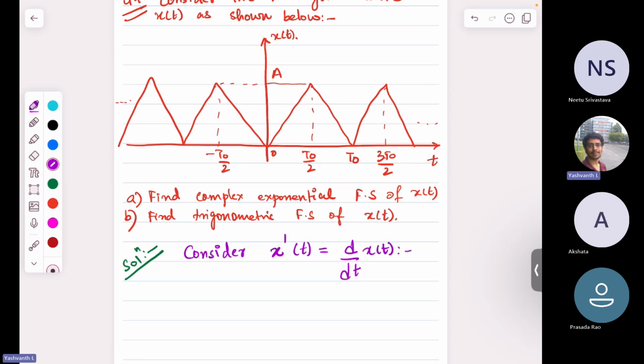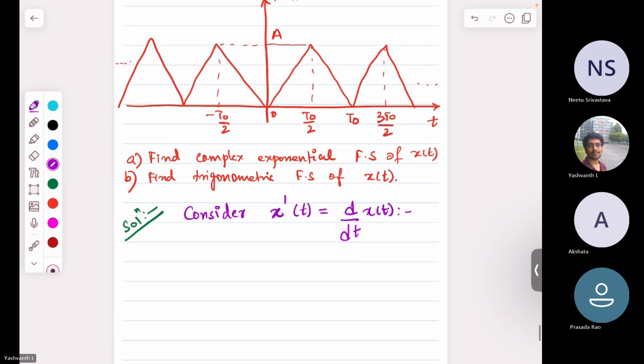I want to differentiate the above signal with respect to time. How will the signal look? What I'm asking is, what is the slope of the signal at every time instant? For example, this is a straight line, which means the slope is constant in this region. I need to find the slope. Correct?